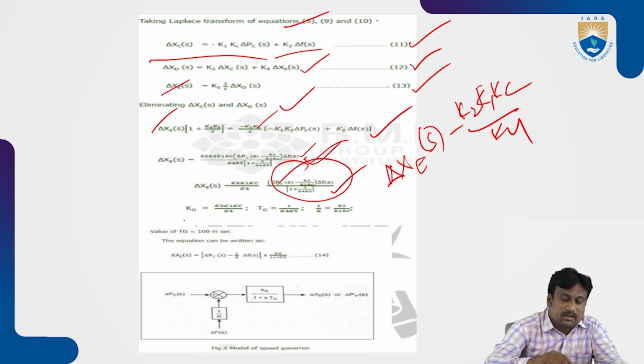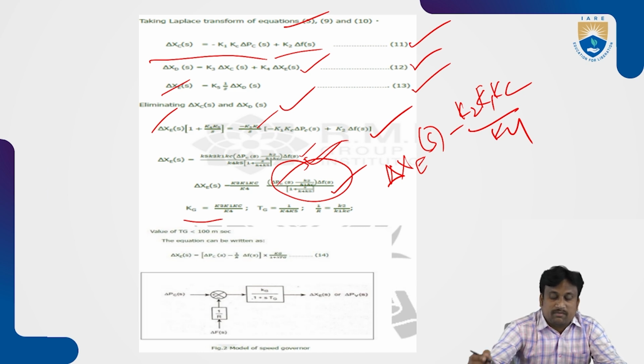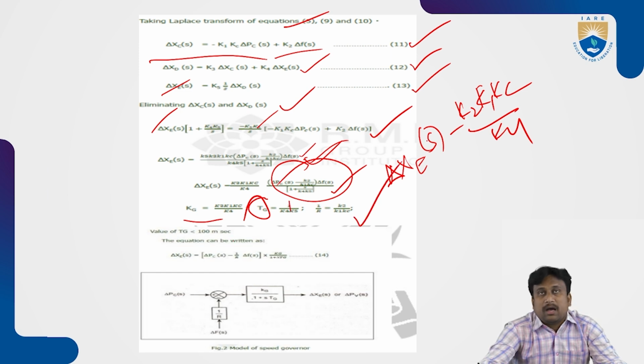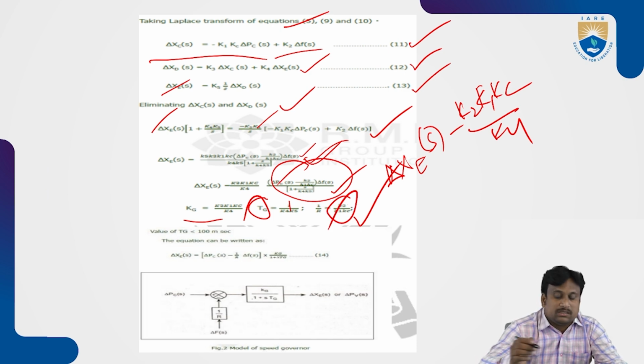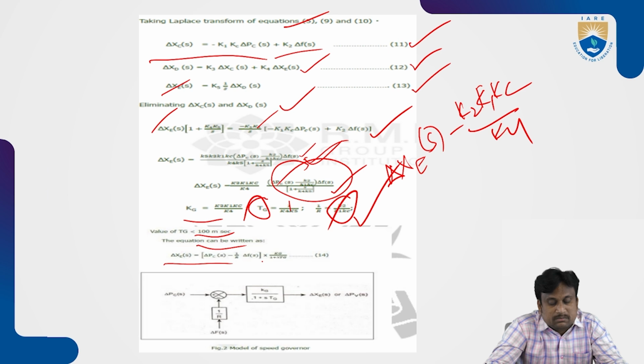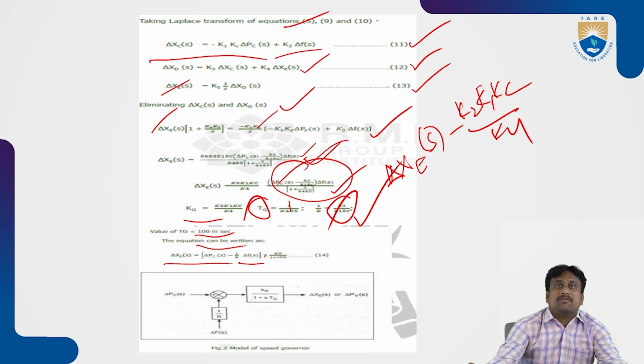This gives one of the constants of the generator, K2 K1 Kc by K4, where the generator constant Tg is 1 by K4 K phi, with 1 by R as K2 K1 Kc. So the value of this Tg is less than 100 milliseconds, meaning the equation can be written in terms of the factor delta xe of s equals delta Pc of s minus 1 by R delta f of s into Kg by 1 plus sTg.